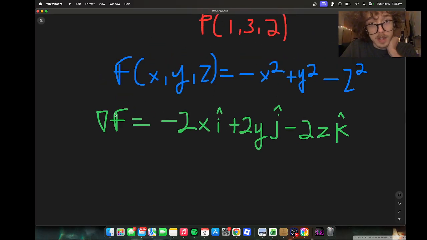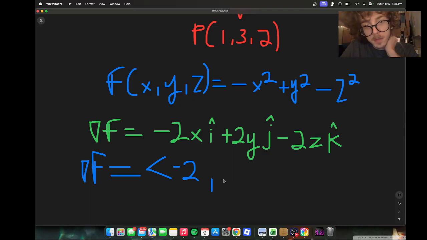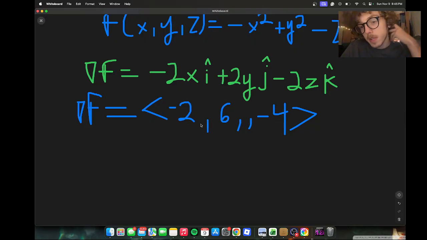So we're going to plug everything in. It's going to be negative 2. 2 times 3, that's going to be 6. And then we plug in a 2 here, that's going to be negative 4. Okay, so negative 2, 6, and negative 4 is going to be that normal vector to our point.